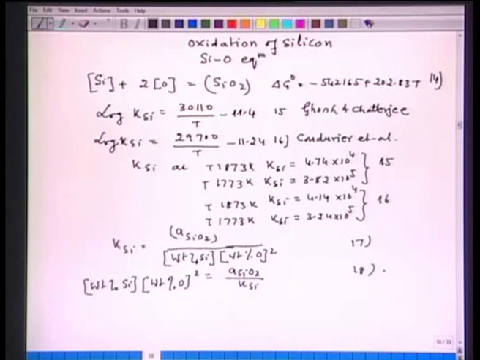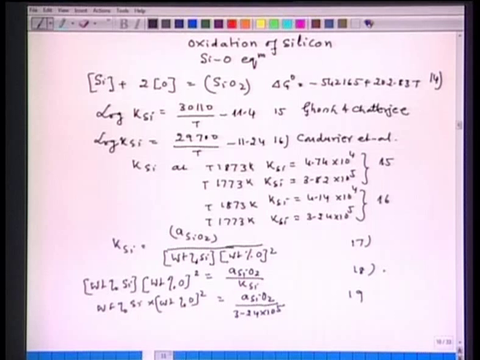So, if I put the value of K silicon at 1773, then weight percent silicon into weight percent oxygen square is equal to activity of SiO2 upon 3.24 into 10 to the power 5, and let us take this as equation 19.